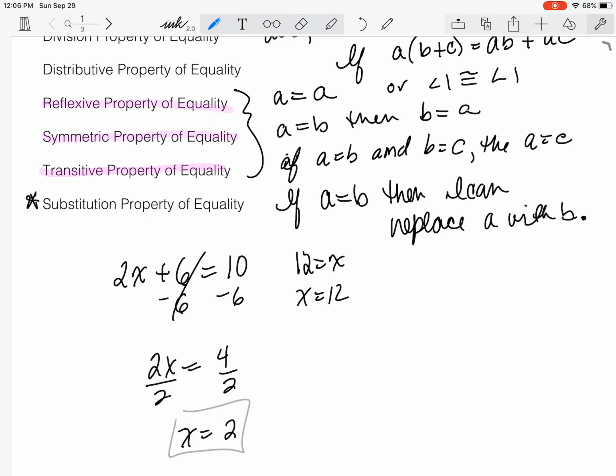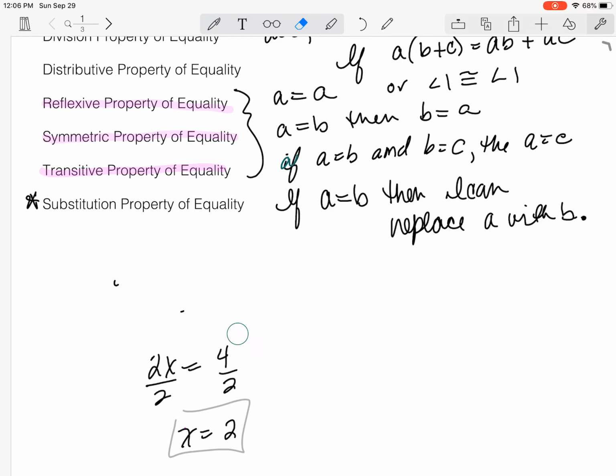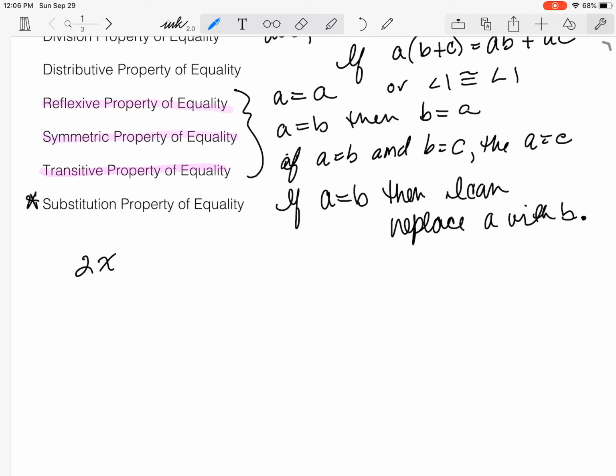Okay, so to see the difference between substitution and transitive. Substitution says that if I have an equation, let's say 2x plus 4 is equal to 12, and let x be equal to 4.